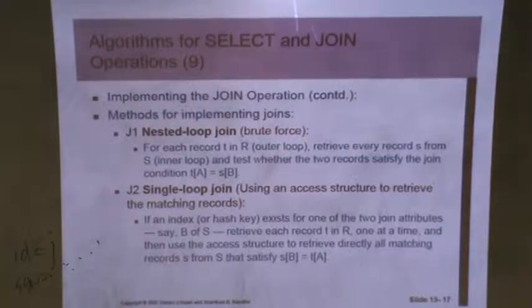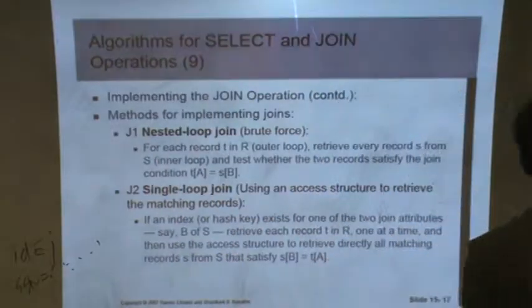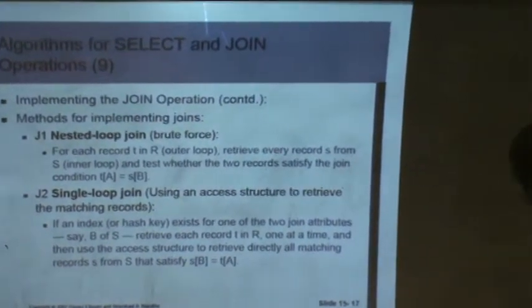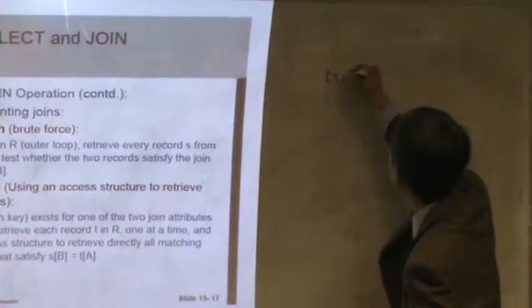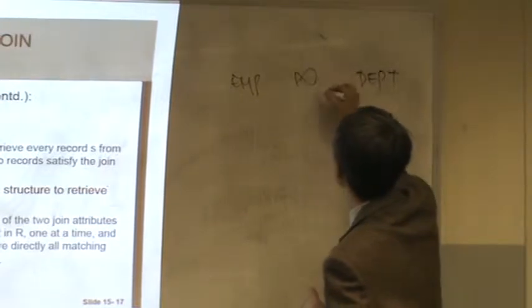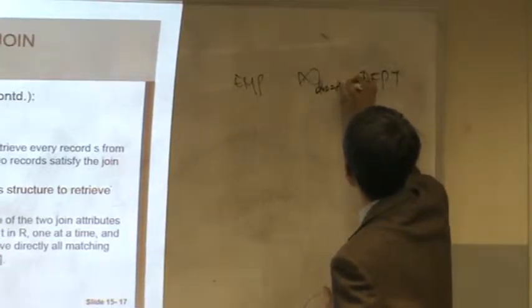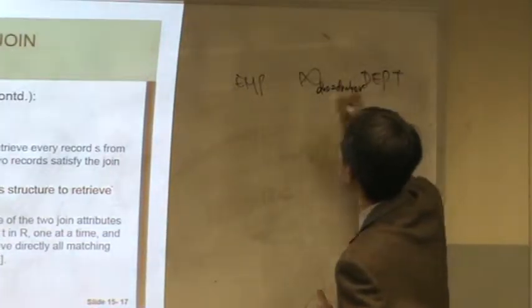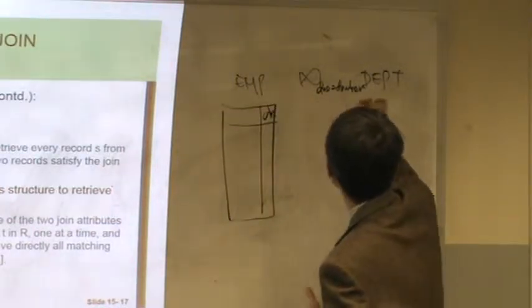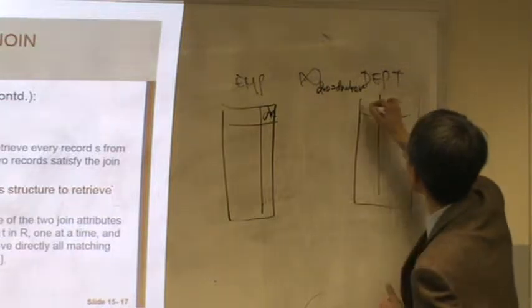There are different types of join. First, employee and department. We are going to join with DNO equal to D number. So employee has the DNO, department has the D number.